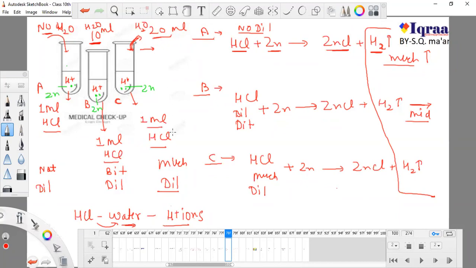It means HCl is very little and water is very high. So definitely H2 will be produced, but in a very low amount. Now we can say that the more hydrogen gas is released, the more concentrated or more acidic the acid is, and it will become lesser and lesser acidic as we add more water.